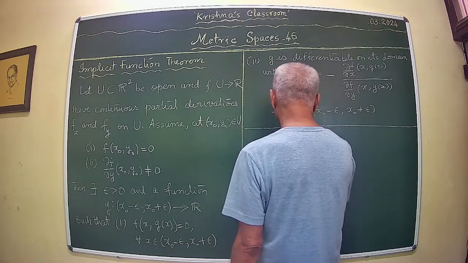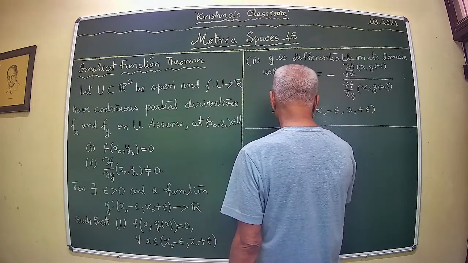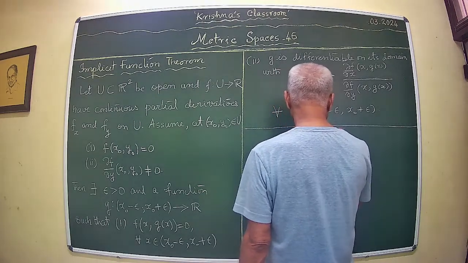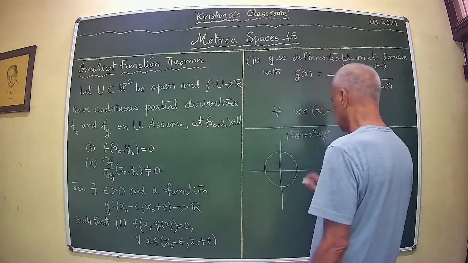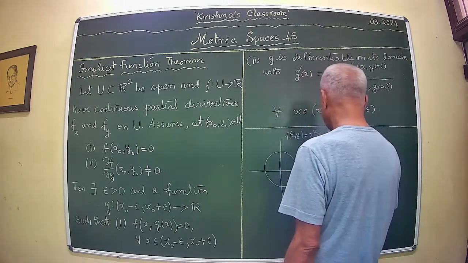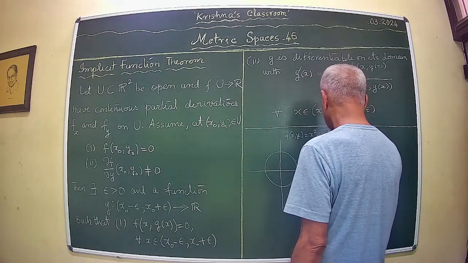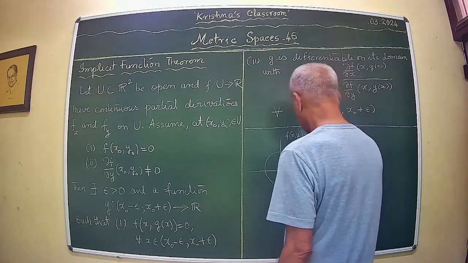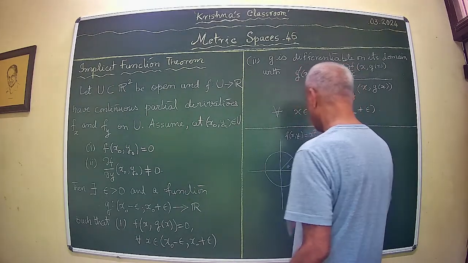We have taken f(x,y) equal to x square plus y square, and then of course this is the set x square plus y square equal to a square, with a as the radius.